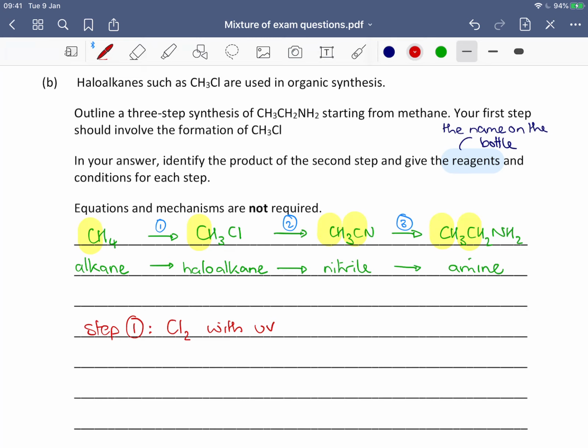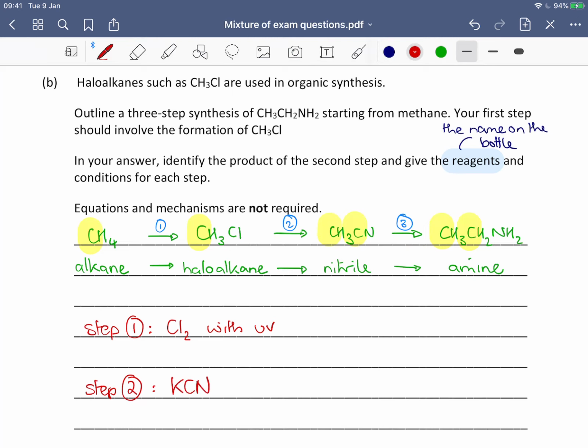Okay, next, step 2. So we're going from our haloalkane to our nitrile. So haloalkanes undergo nucleophilic substitution. So our nucleophile here is going to be the cyanide, the CN minus. But we have to give the reagent, we have to give the name on the bottle. So we're going to use potassium cyanide. You could get away with sodium cyanide. And then the conditions.